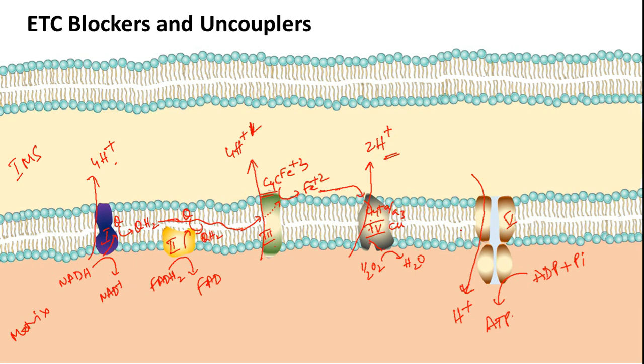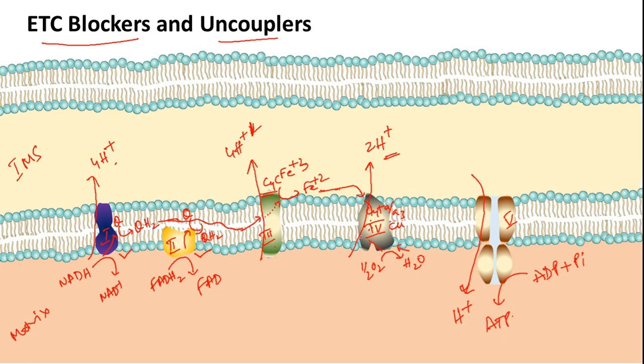What do we mean by an ETC blocker or uncoupler? An electron transport chain blocker blocks the entire electron transport chain at one place or another. Most of these complexes are proteins: NADH coenzyme Q oxidoreductase is an enzyme, succinate dehydrogenase is an enzyme, and here again there is enzymatic activity.